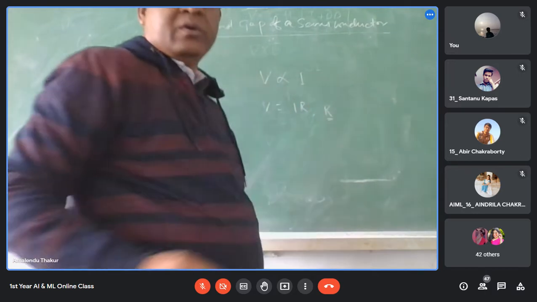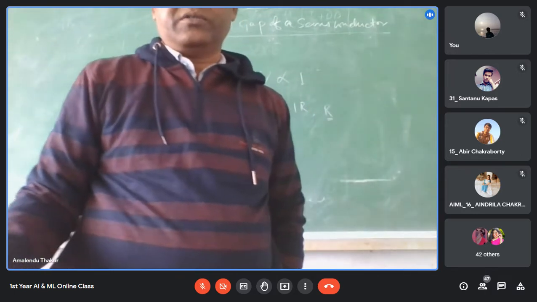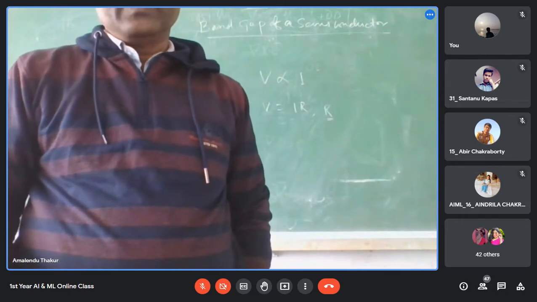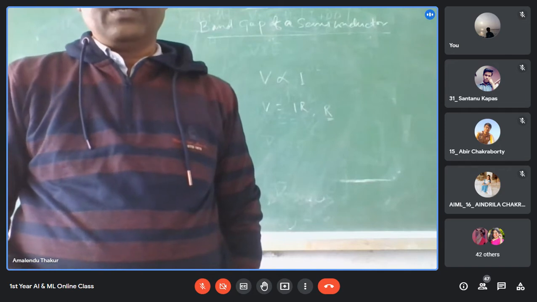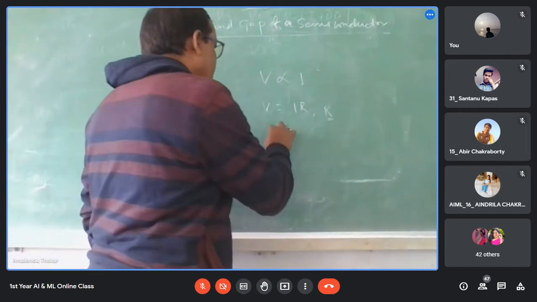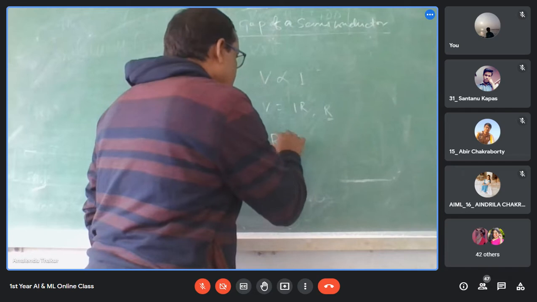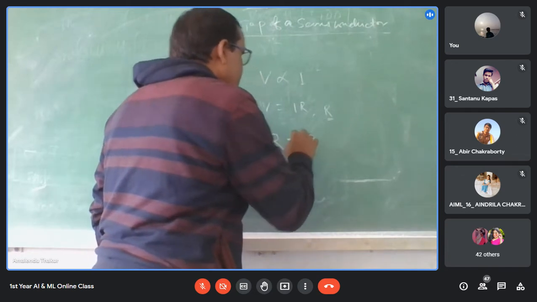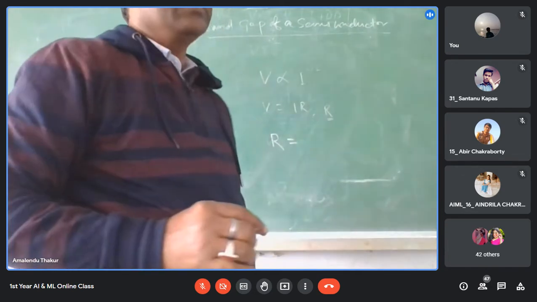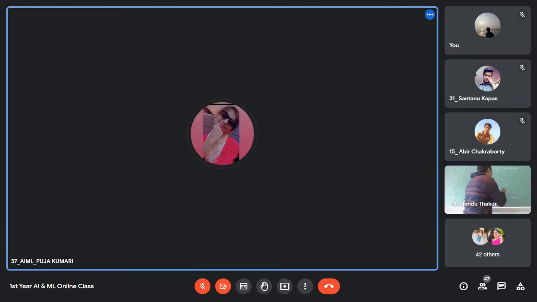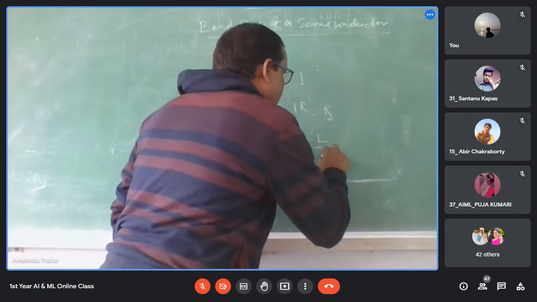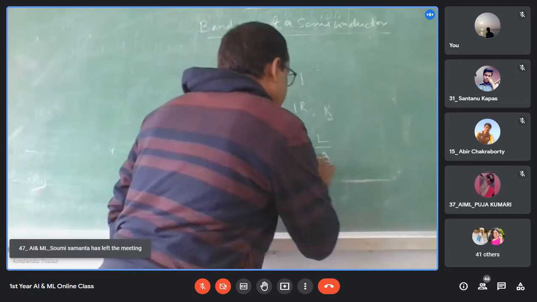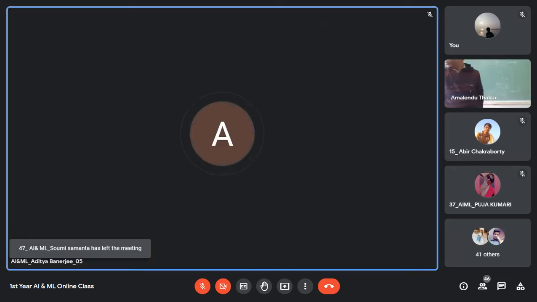We know this is called the resistance of the conductor, and we also know that at a constant temperature, R is equal to rho into L by A, right?